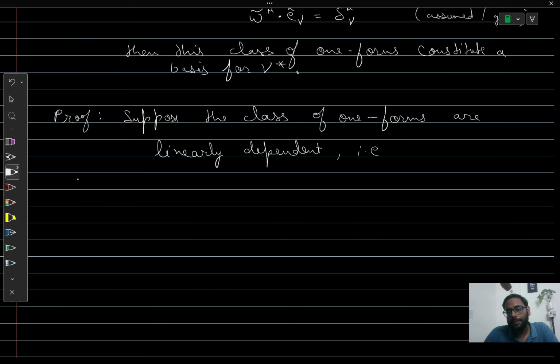What do we mean by linearly dependent? That there exist scalars, lambda, mu, these are scalars belonging to the field, that are not all zeros.